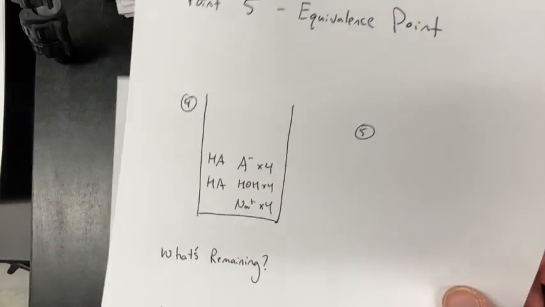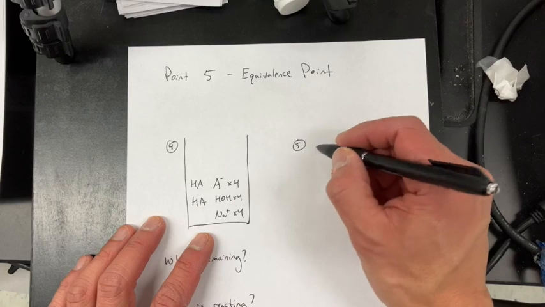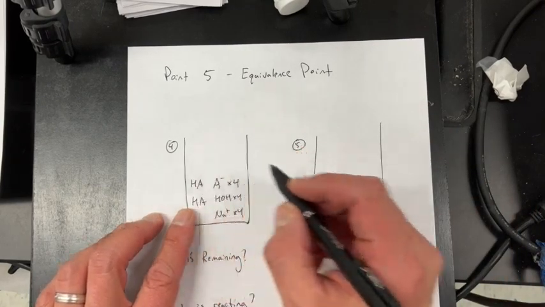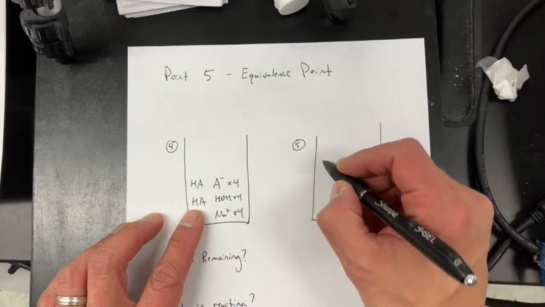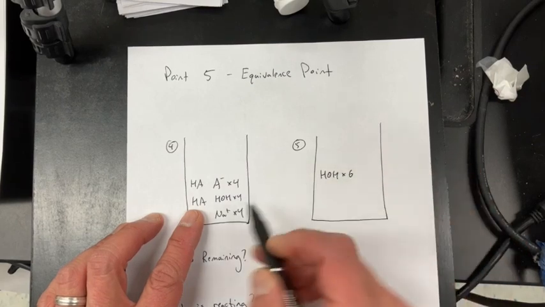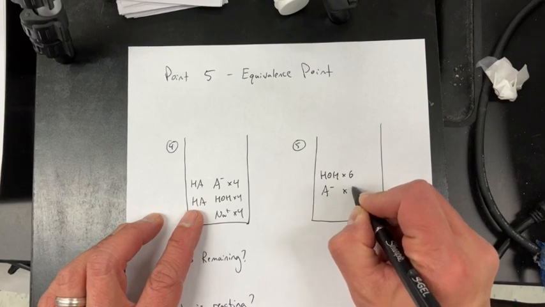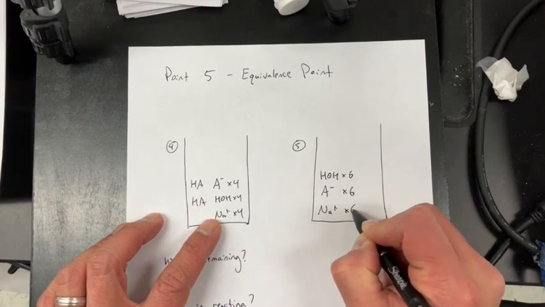And so if I'm going from this 0.4 to 0.5, well, what happens there? Everything reacts, so I'm gonna add enough OH minus to get all my HAs away. So now I'm gonna have water times 6, I have 6 waters. I have A negative times 6, and I have Na plus times 6, okay?